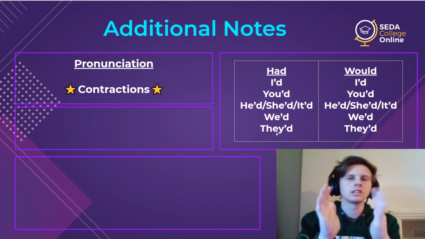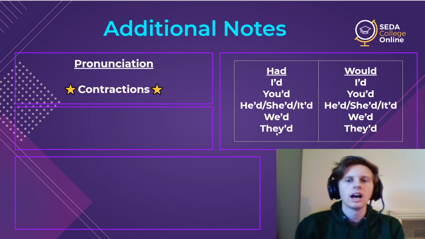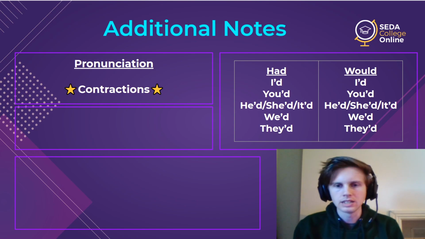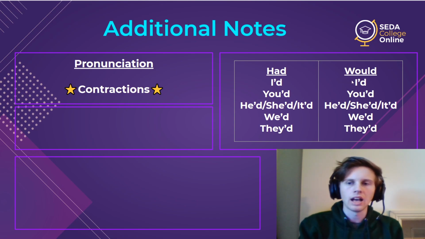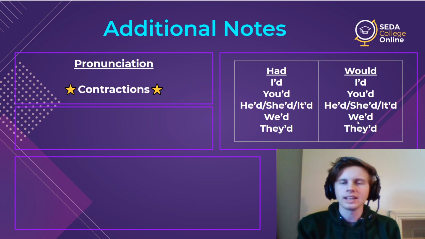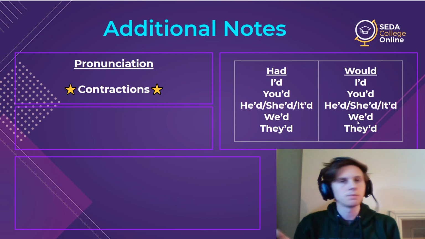They all can contract to the D. I'd, you'd, he'd, she'd, it'd, we'd, they'd. Would is the same. I'd, you'd, he'd, she'd, it'd, we'd, they'd. So the contraction is actually the same. It's the same set for both auxiliary verbs.